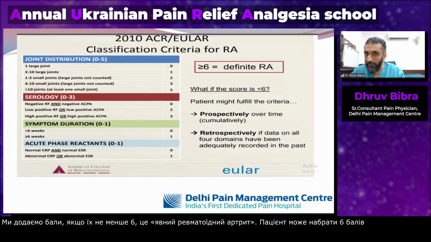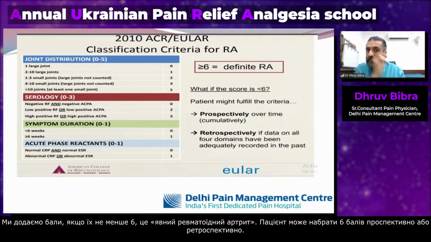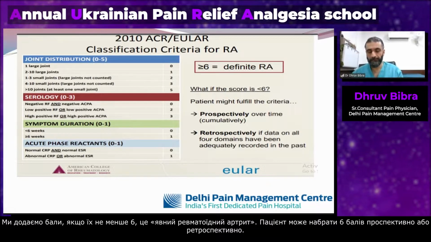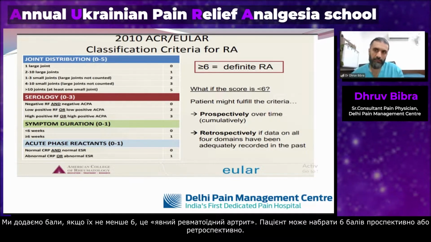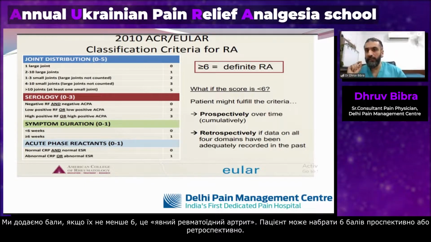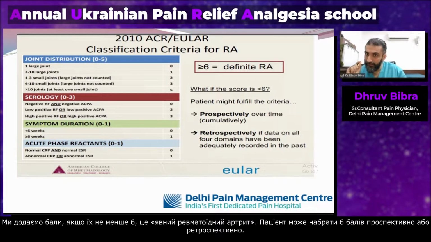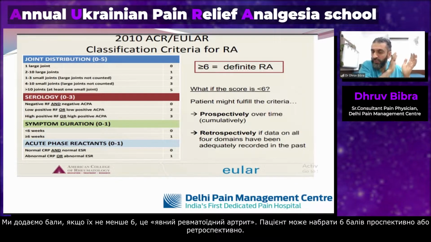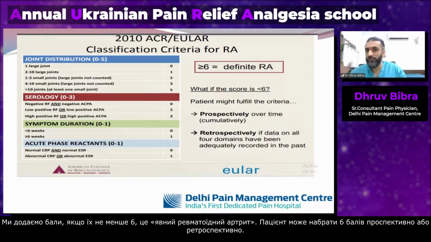We sum it all up, and if the number is greater than or equal to 6, then it is definitive rheumatoid arthritis. Now, one important thing we should also understand is that we can get this 6 in both ways, prospectively and retrospectively.